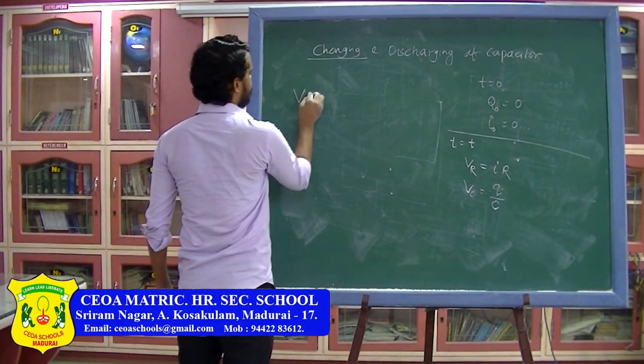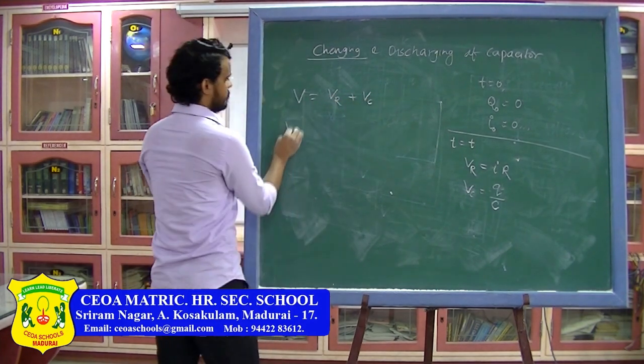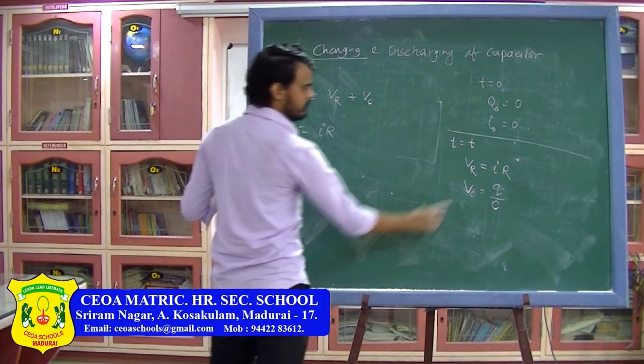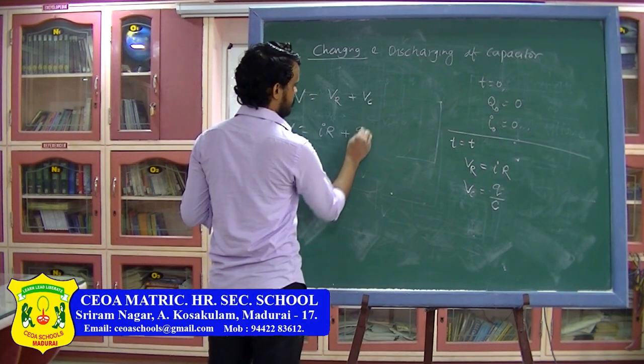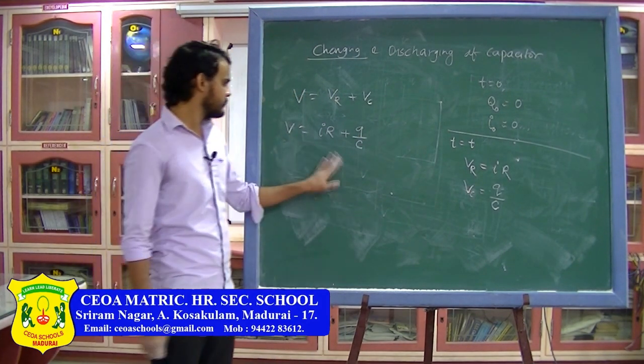So I can write V equals VR plus Vc. Here VR can be written as I into R and Vc can be written as Q by C.